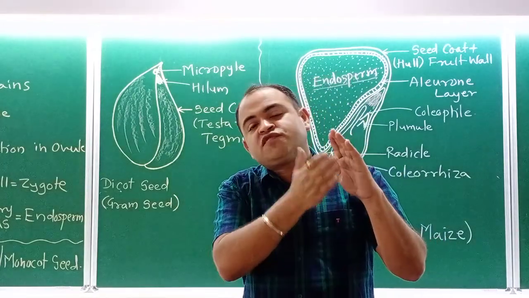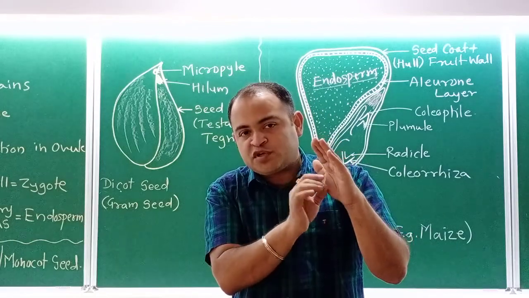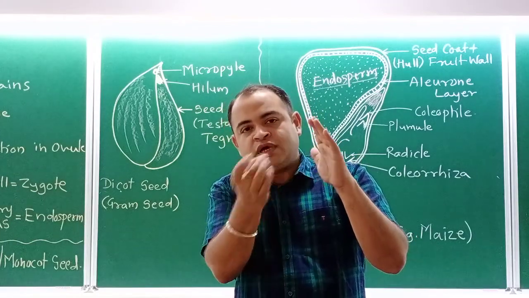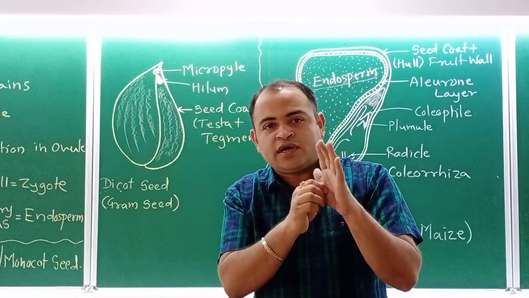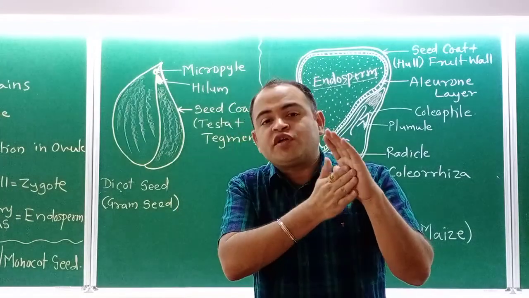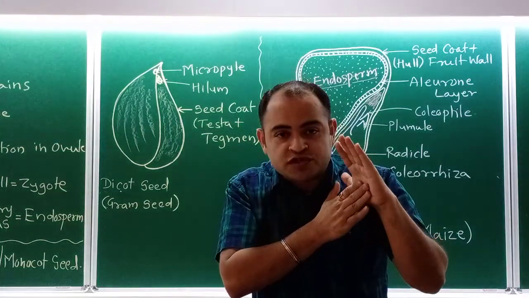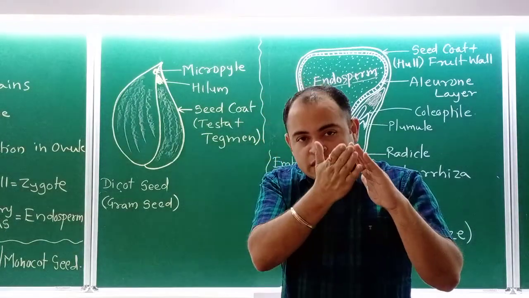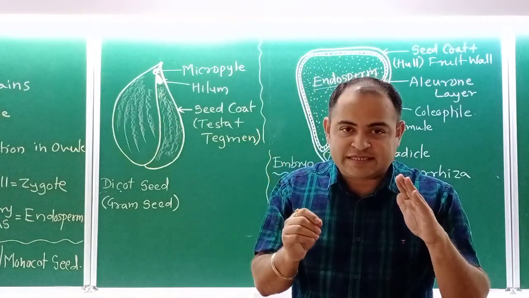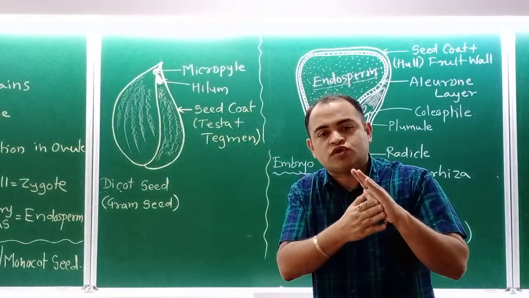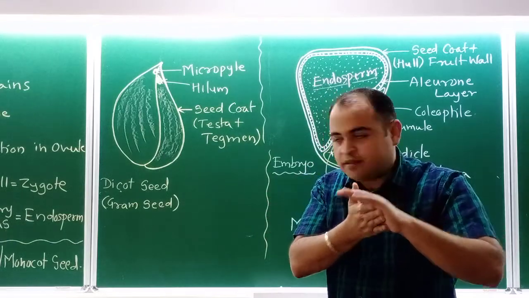The inner part is fused with this. Is it possible for me to remove this inner skin differently or independently? If I try to remove it, it is not possible. So this is a fused structure. This fused structure similarly appears in the seed coat. So this outer seed coat is testa plus tegmen.